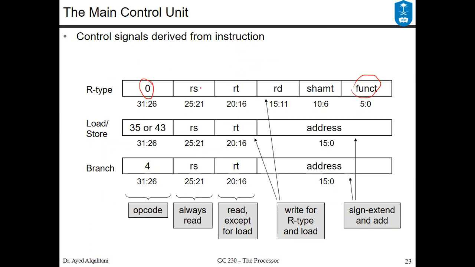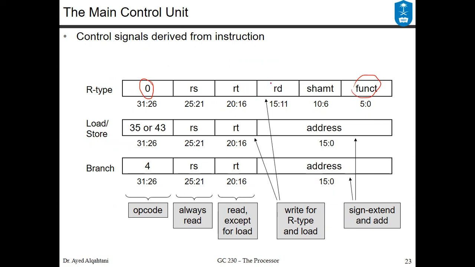Now, we have the RS, RT, and RD. Remember that the RS is from bits 21 to 25, and the RT is from 16 to 20. These will be mapped to certain ports in the hardware, and I'll show it in the next slide.